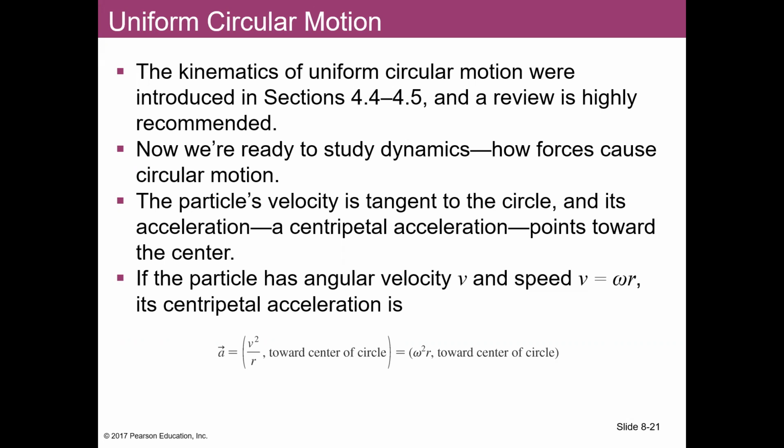It's almost like a particle moving in a straight line at constant speed. Uniform circular motion is a particle moving with a constant angular velocity. And sure enough, we define angular velocity omega to be d theta dt.